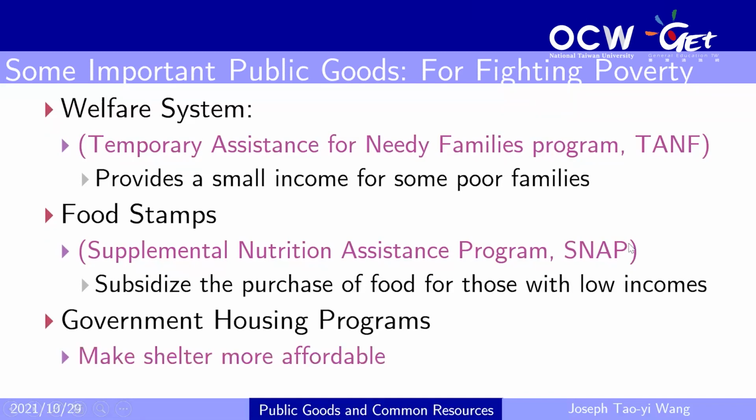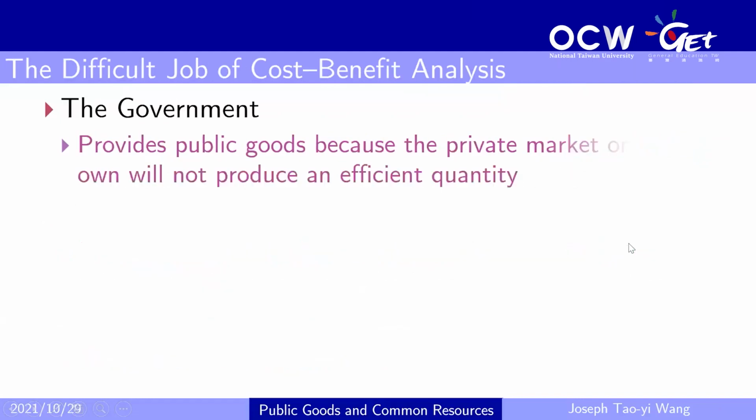There are these governmental housing programs that make housing more affordable. And so these are also important public goods. Of course, some of the problems always arise when you think about how effective these policies are, or like when the government is providing this housing, then nobody can get it, and so on.